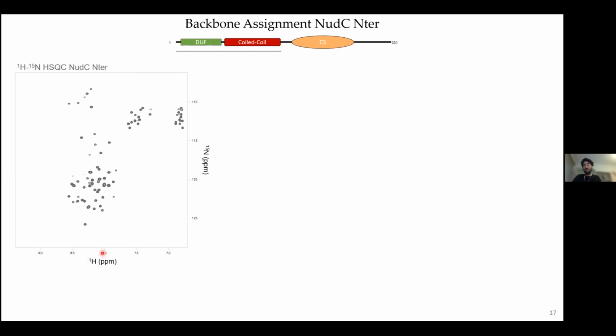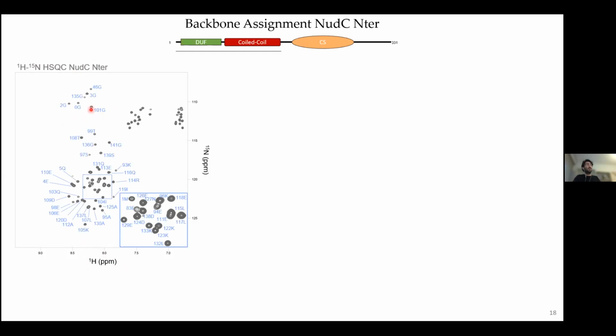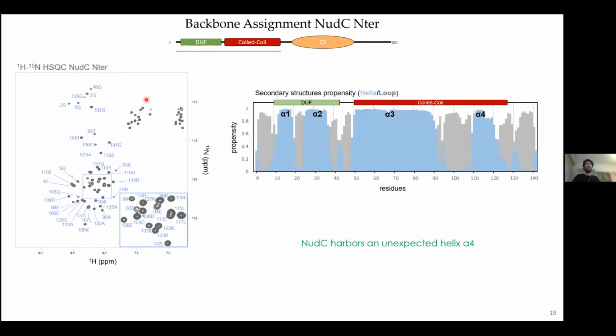So for each peptidic bond, for each residue, we have one peak, and the position of this peak on the spectrum is directly correlated to the electronic environment of this residue. Now we can assign those peaks, determine which peak corresponds to which residue, and we did this for our N-terminal half of NOTC. And once we have this assignment, we can do a couple of things. We can determine the secondary structure of our construct.